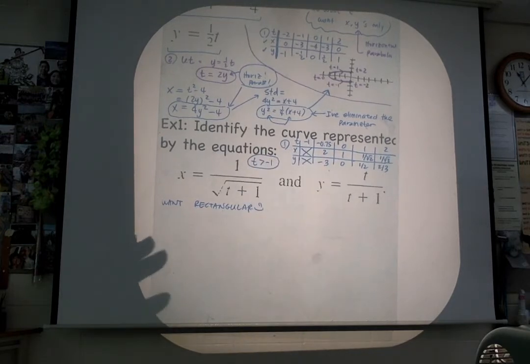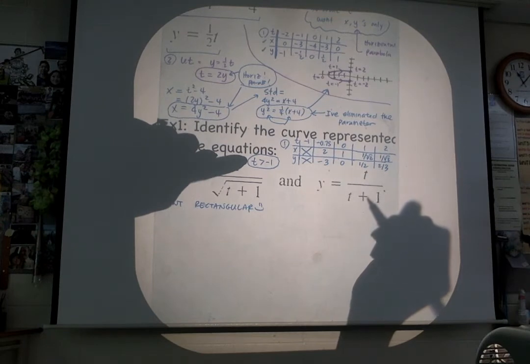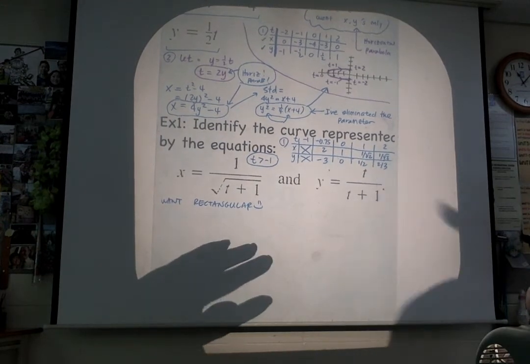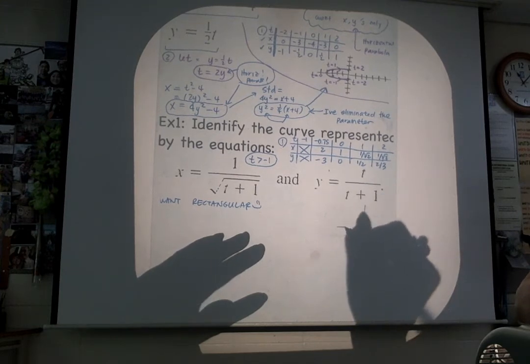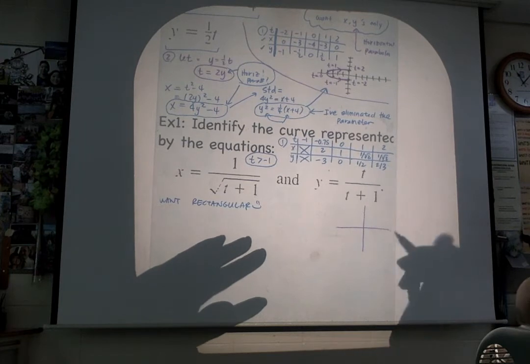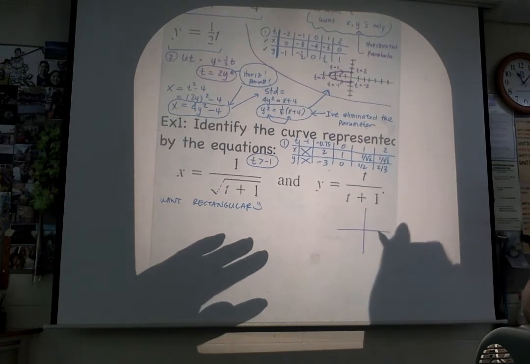The domain has been restricted; it has to start there. Then t goes to infinity. When I graph this, when I plugged in my 2, negative 3, 1, 0, and so forth, here's what it looks like.